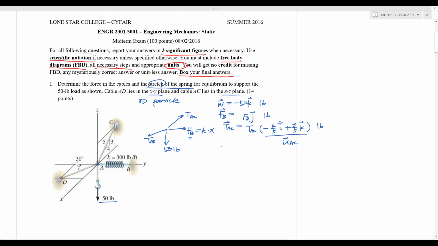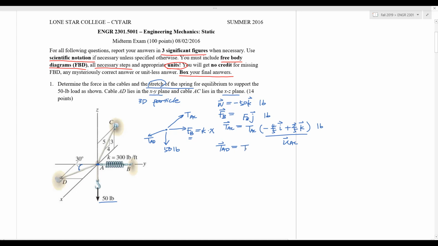And we will have TAD. This angle right here is given as a 30-degree angle. So we will have sine 30 degrees along the x direction, and then a negative cosine 30 degrees along the y direction.